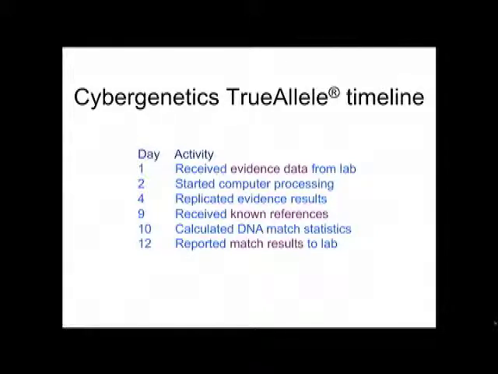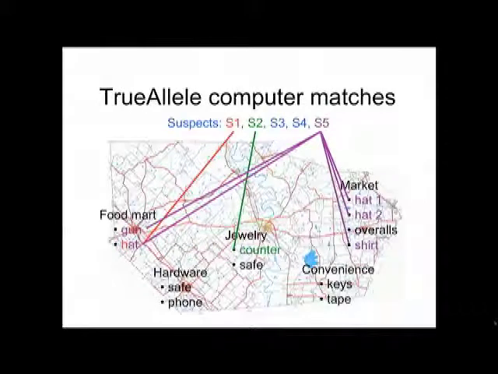So that was sort of the timeline for us working on this case that resembled a sort of a database, in the sense that we had a set of crime scenes with a set of evidence shown geographically across the county. We had a set of suspects, 5 of them in this case, a small database. And then the computer could make comparisons between the genotypes of the evidence items and the suspects.